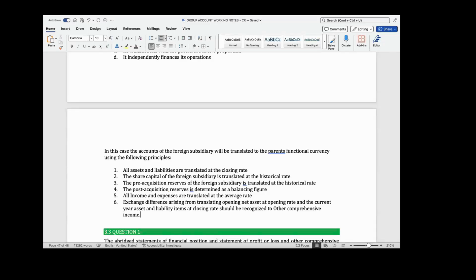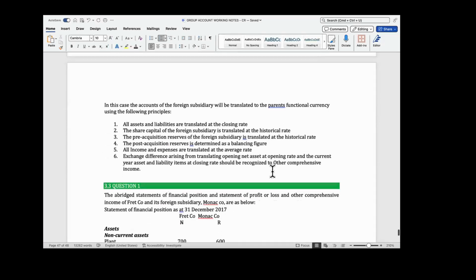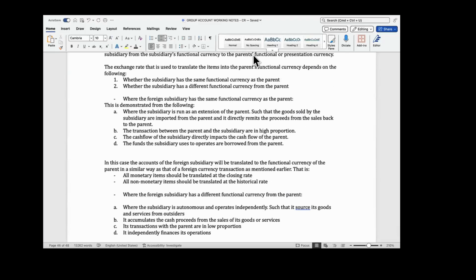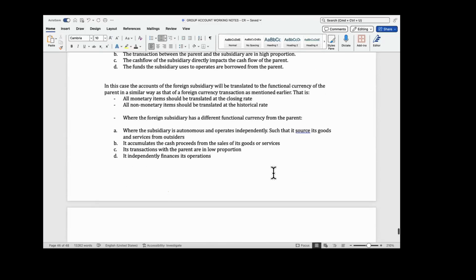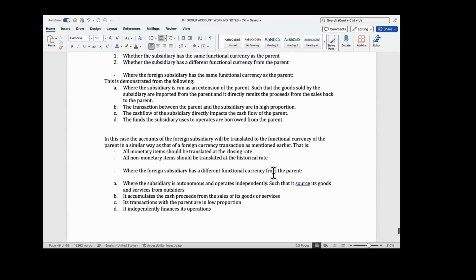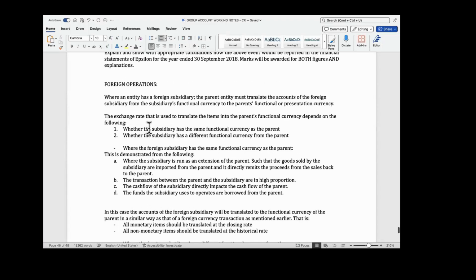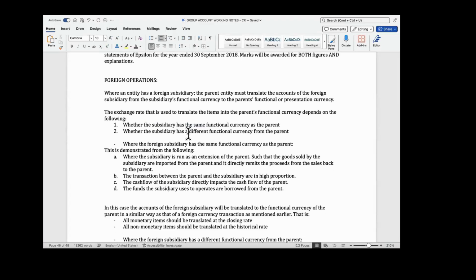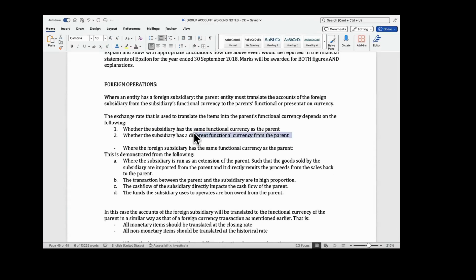Okay, so in most questions, you will not be told whether the subsidiary has the same functional currency as the parent or not. So if they don't, we assume that the subsidiary is autonomous.